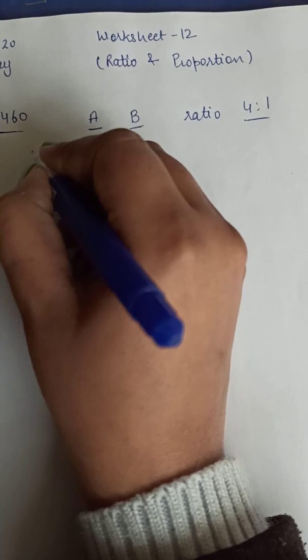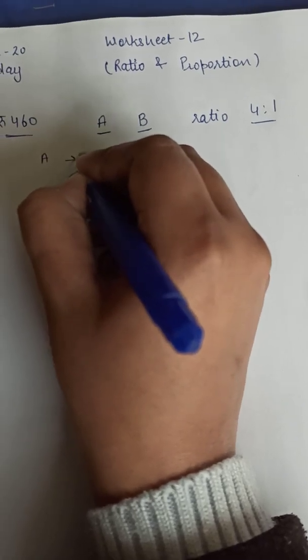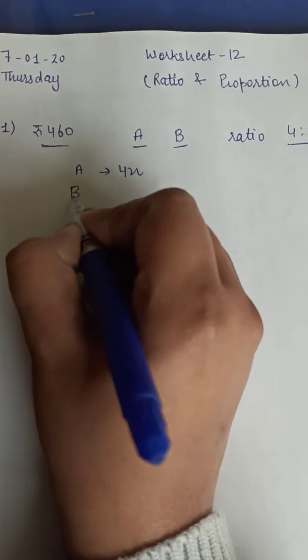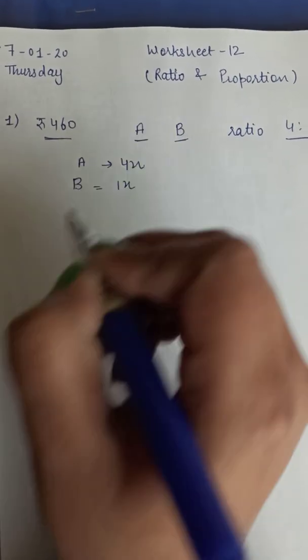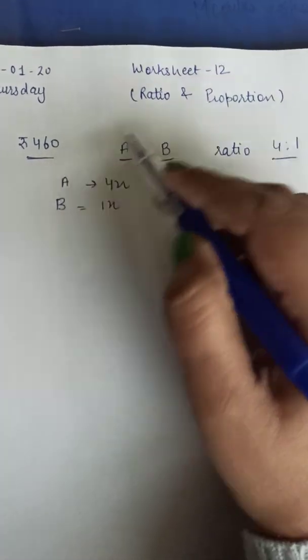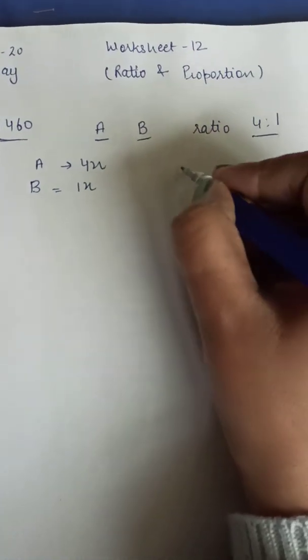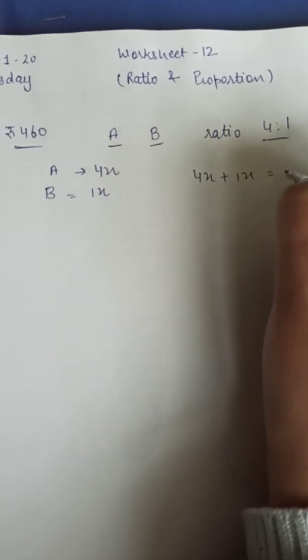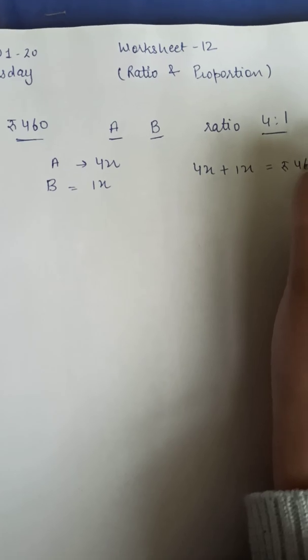So we will take A equals to 4x and B equals to 1x, right? So rupees 460 divided among 2, it means total of these is rupees 460.